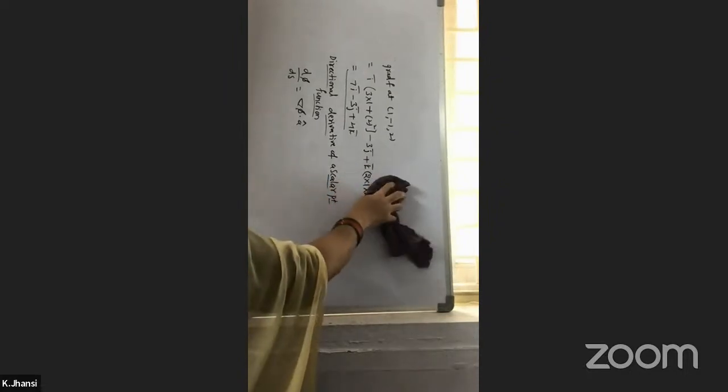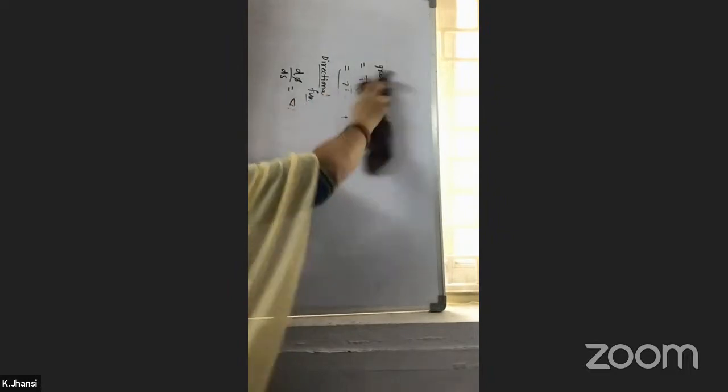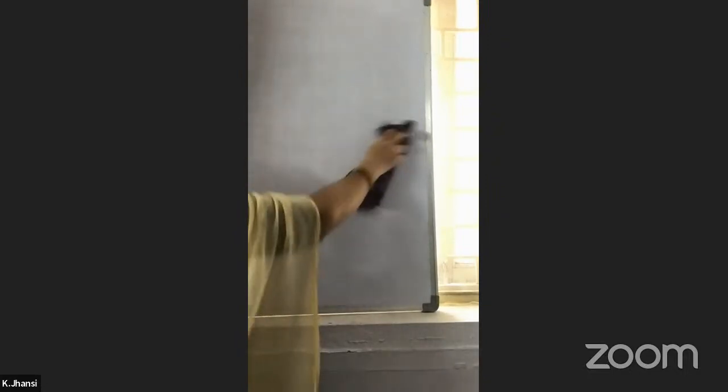So you have seen the directional derivative formula, that is del phi into unit vector A. So we see the problem on this.